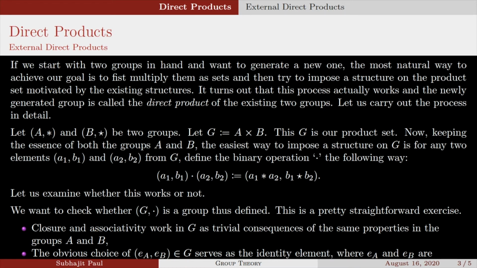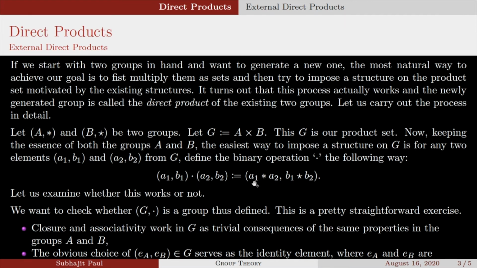The obvious choice of the identity element is the pair of identity elements from each of the groups, EA and EB. EA is the identity of A, EB is the identity of B. This serves as the identity element. You see, if you put EA and EB over here, then it will be EA times A2, EB times B2.